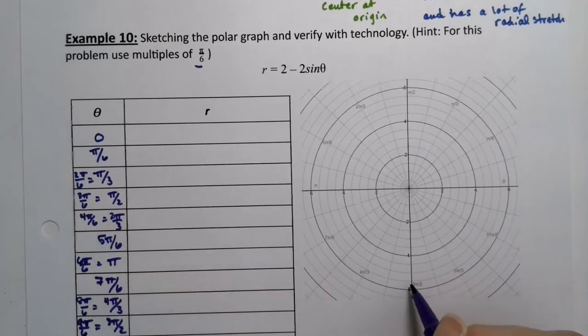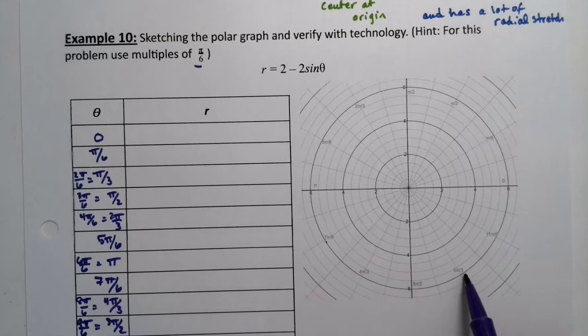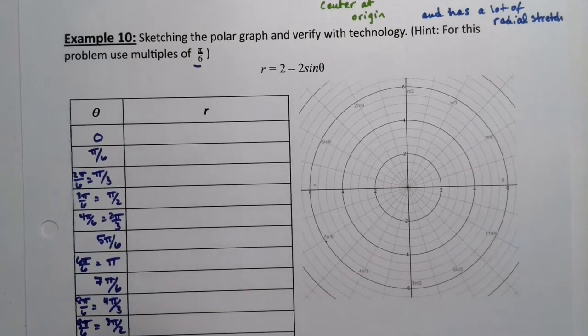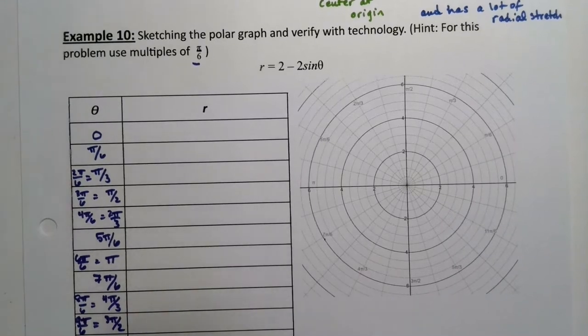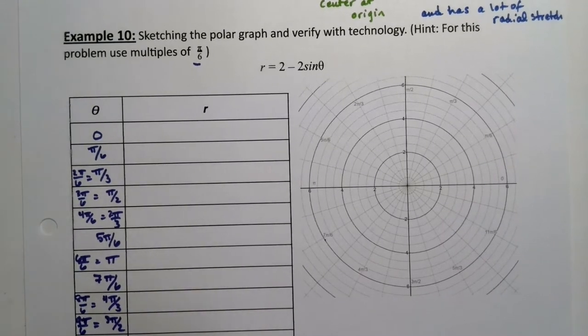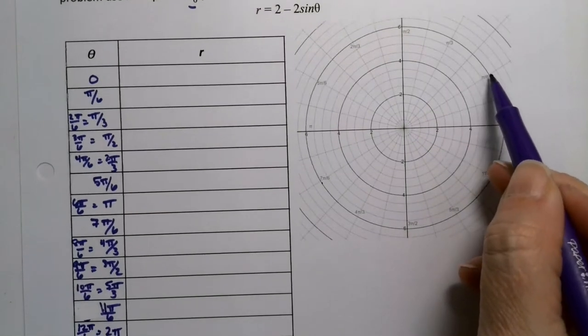So there's 6 over 6, 7 over 6, 8 over 6, 9 over 6, 10 over 6, 11 over 6, which is just 11 over 6. Sorry, that one doesn't reduce. I'll just kind of write that one. 11 pi over 6. And then 12 over 6. 12 pi over 6 is, of course, 2 pi. And then you keep going, right? 13 over 6 is back at pi over 6 again.